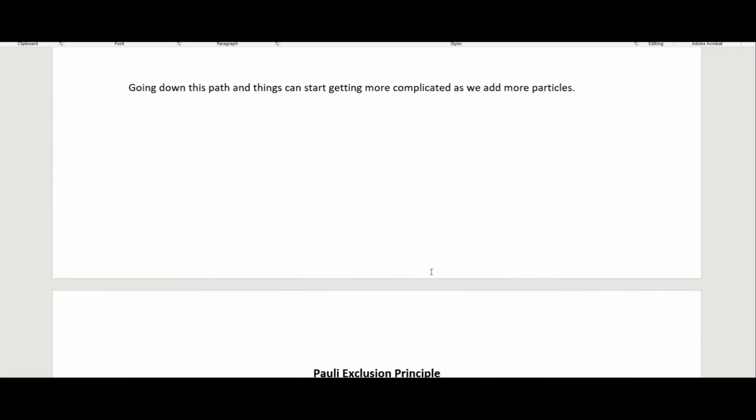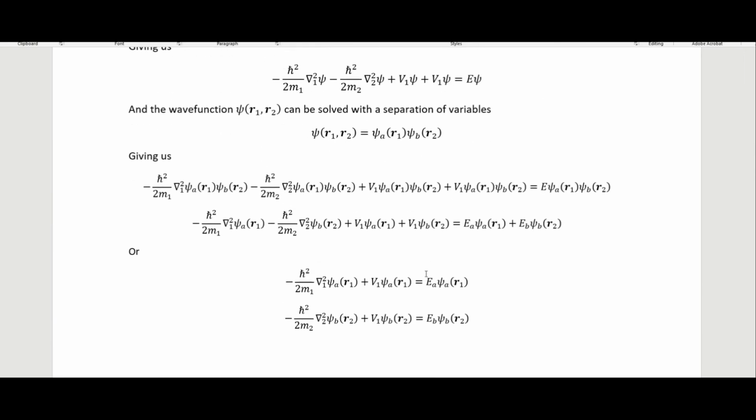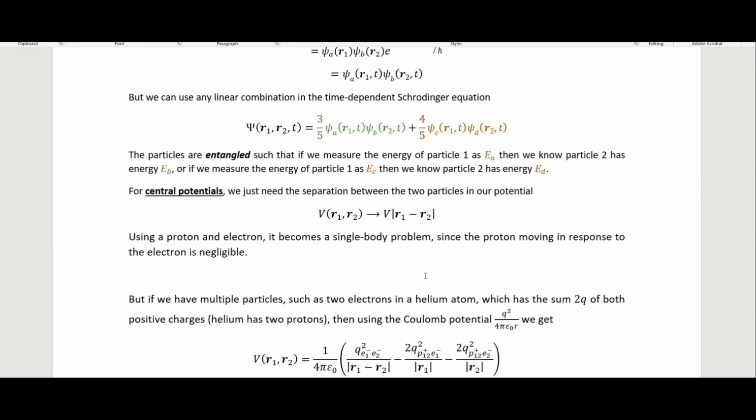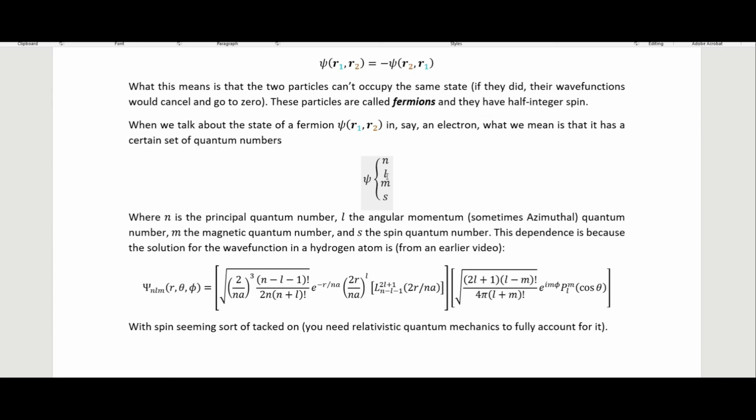So if it has the L, M, and S all the same, then it would have to be in a different N. So if N, L, and M are all the same, then it has to have different spins and so on and so forth. And it's with these quantum numbers that you actually build up the periodic table of elements, and it's why the periodic table has the shape that it does. But I'll be talking about that more in the future.